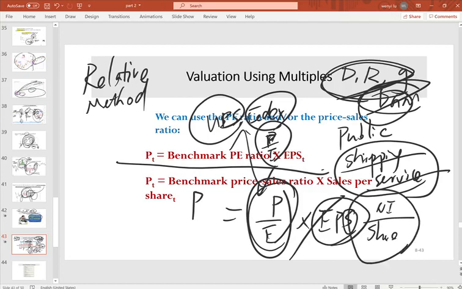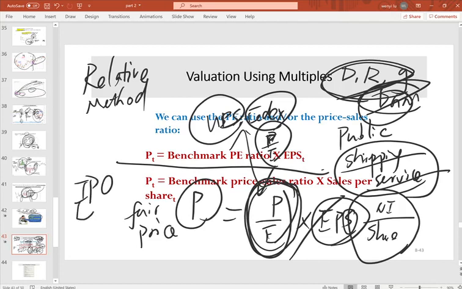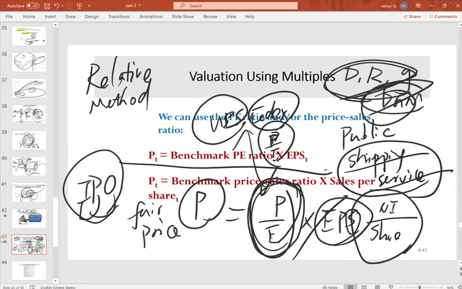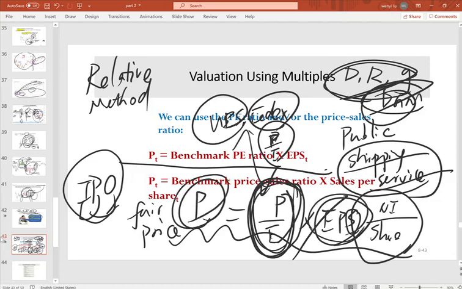Use your earnings per share times the P/E ratio you got from the public companies, and that will be the fair price for your IPO, the initial public offering, when you sell your stock as new shares into the market. How much you want to charge is based on these approximations, using your comparable companies, times the earnings per share. You will get the price per share for your company.